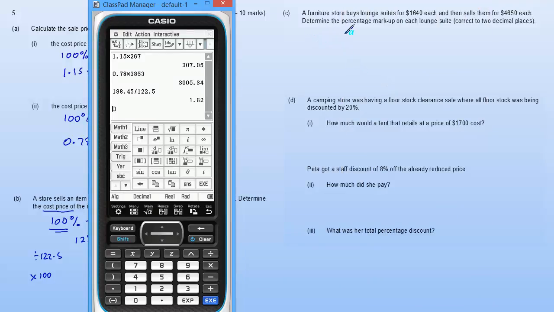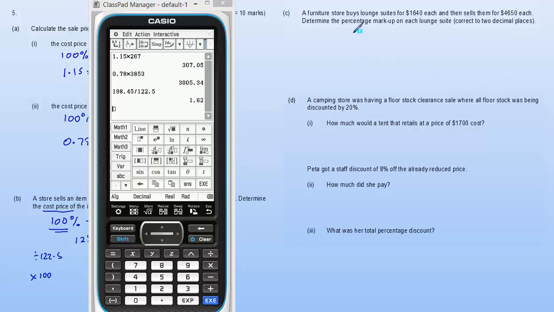A furniture store buys lounge suites for $1,640 each and sells them for $4,650 each. Determine the percentage markup on each lounge suite, correct to 2 decimal places. So it sells for $4,650 and it buys for $1,640.